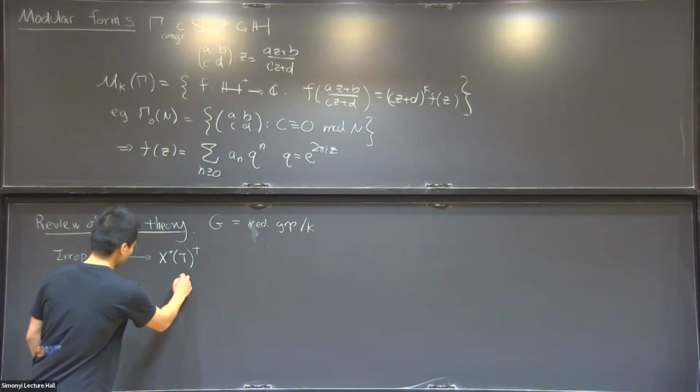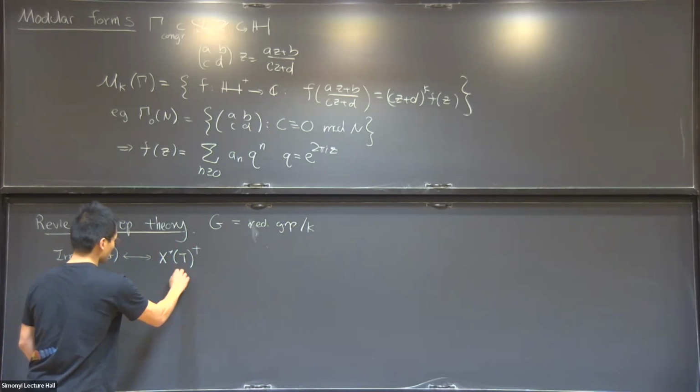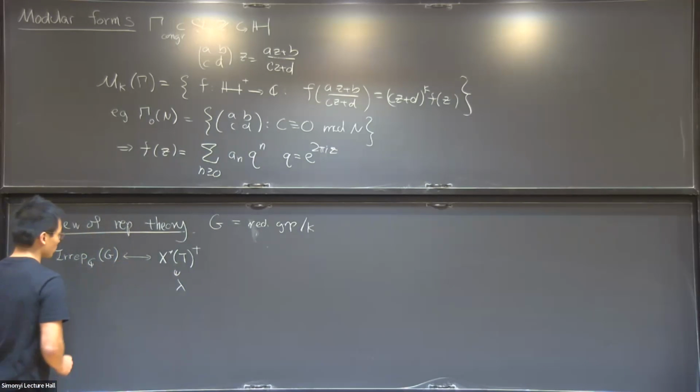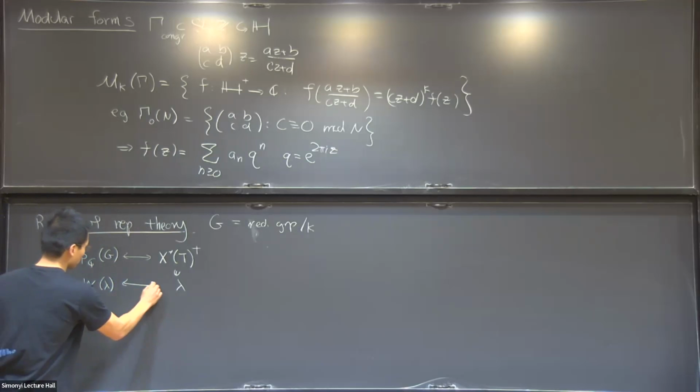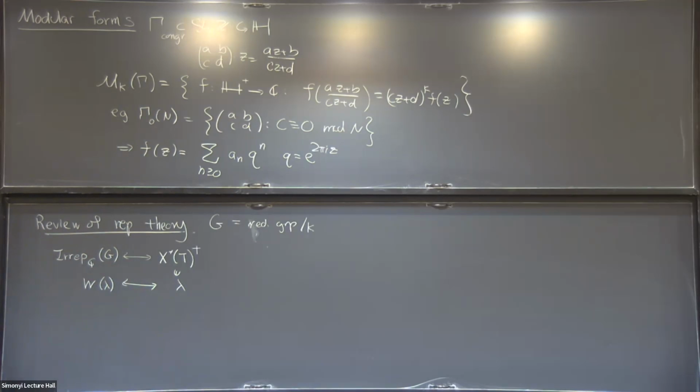And how this works is that given a particular dominant weight, you can construct something called the Weyl module with that highest weight, W for Weyl. And that's how this bijection works.